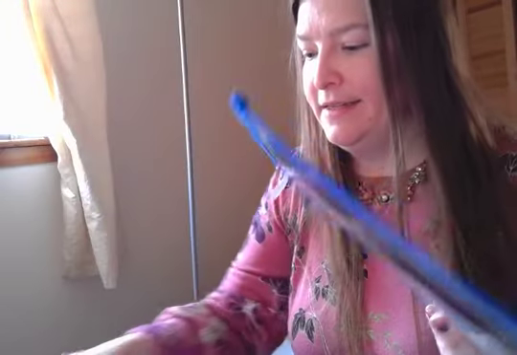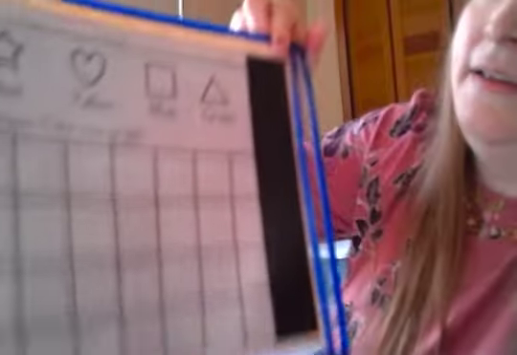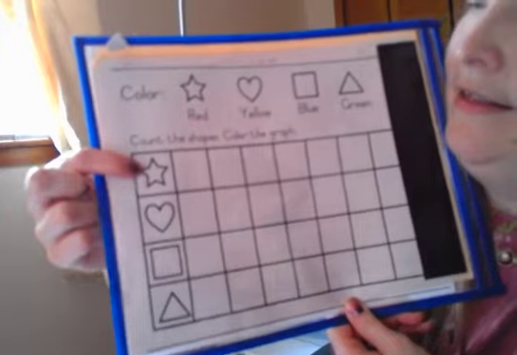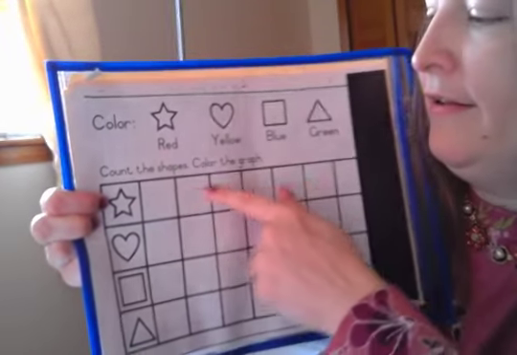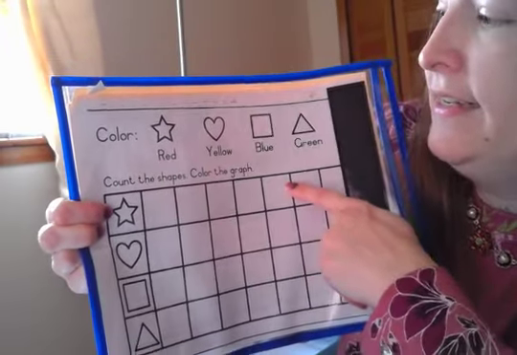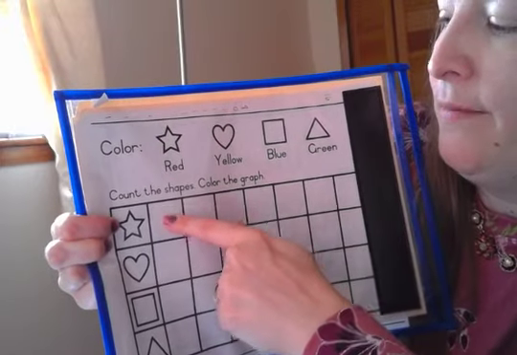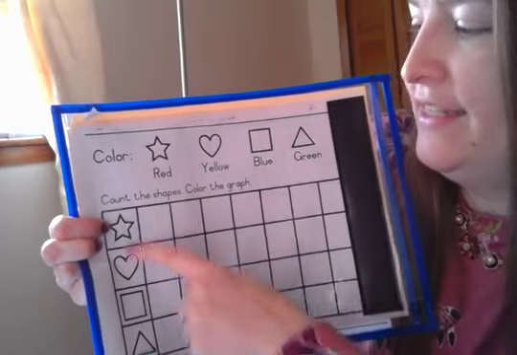All right, so now I'm going to fill in the graph. Let me slide this one in the plastic here. And you can see right here, this is the row for the stars. It goes across. So we're going to count how many stars we had again, and we're going to mark off that many boxes next to the star.